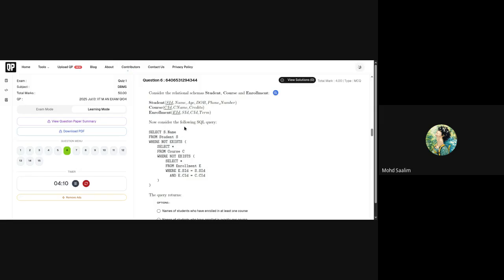So we are selecting such students where there is no existence of such courses where there is no enrollment with the current student. So what is left if we negate those courses where the student is not getting enrolled, like there is no existence in the enrollment table? So what is left?